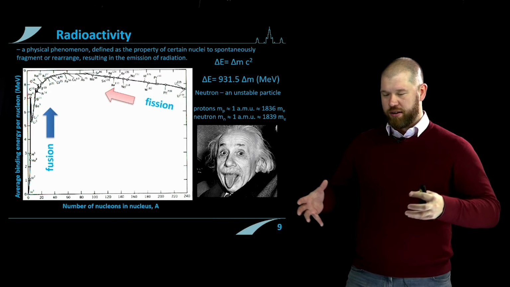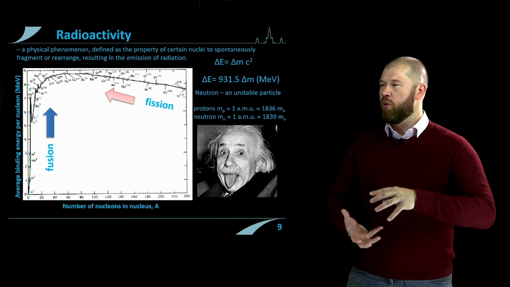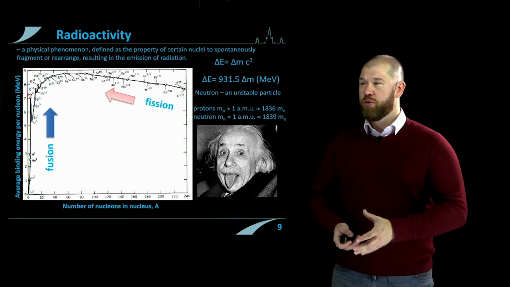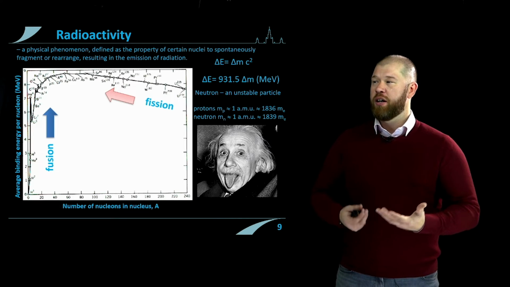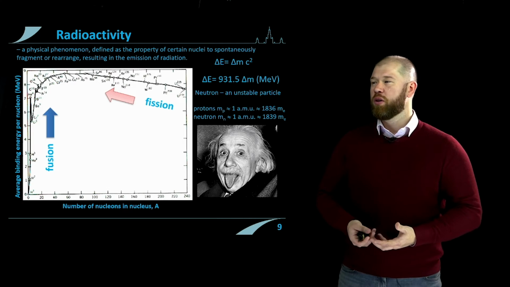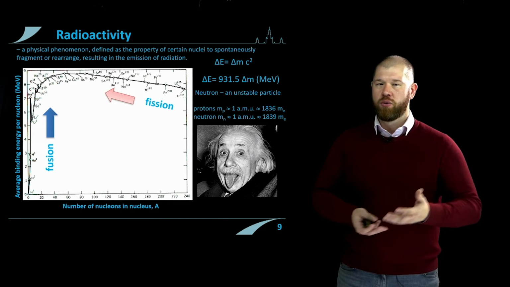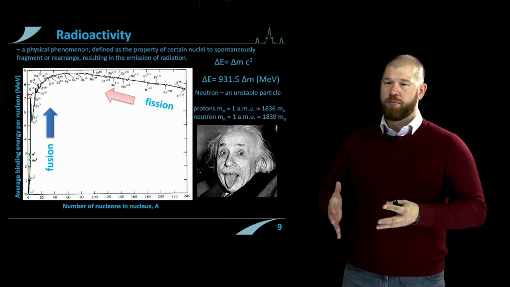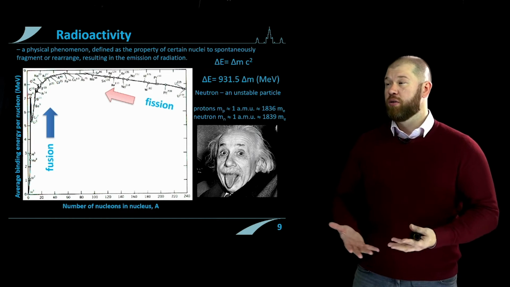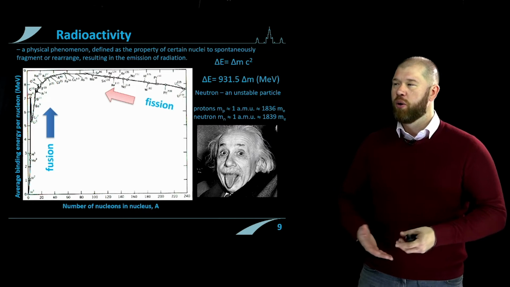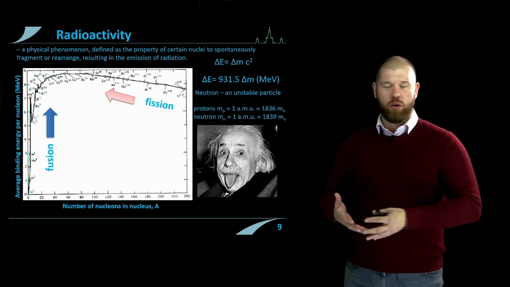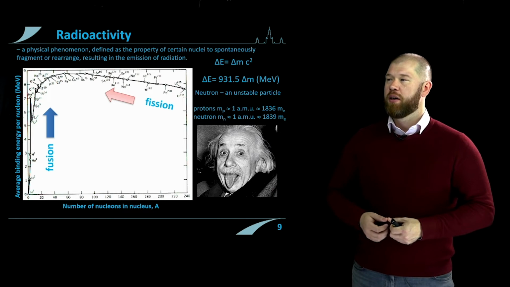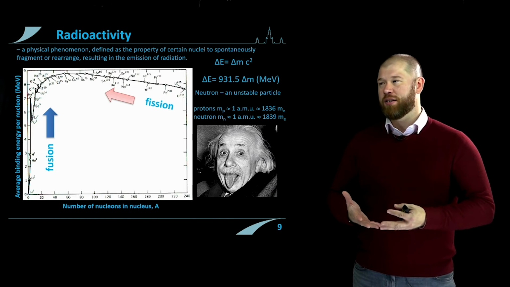And thus, these processes of interaction of very light nuclei can produce very large energy, and that is called fusion nuclear reactions or thermonuclear fusion reactors. And these processes occur in the stars. So all the elements that we observe are synthesized inside the stars.